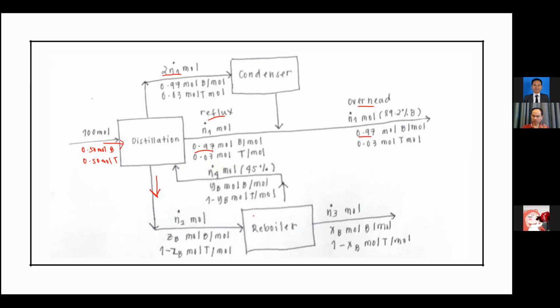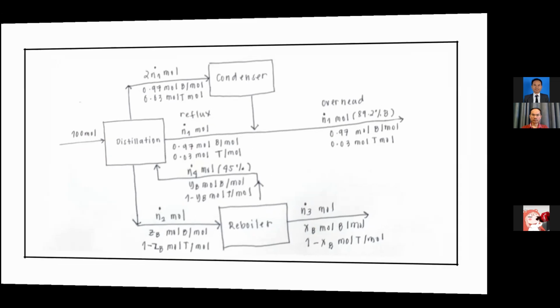Next, we have the x_b, which we're going to find later, which is the mole fraction of benzene, and N3, which is for the product going out of the reboiler, and the N1. These are the three things that we need to find.